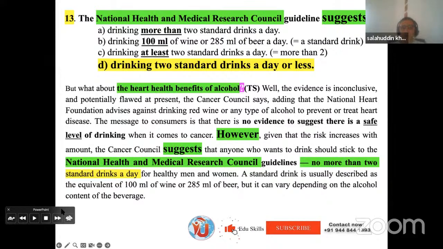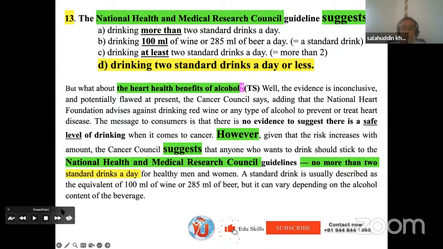However, given that the risk increases with the amount, the Cancer Council suggests that anyone who wants to drink should stick to the National Health and Medical Research Council guideline: no more than 2 standard drinks a day for healthy men and women.